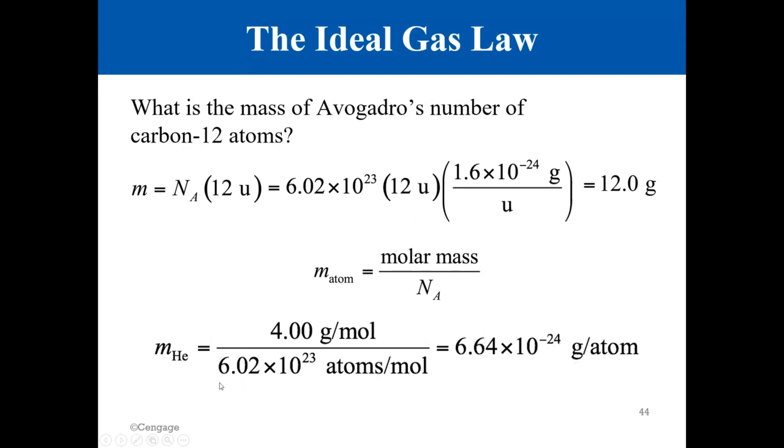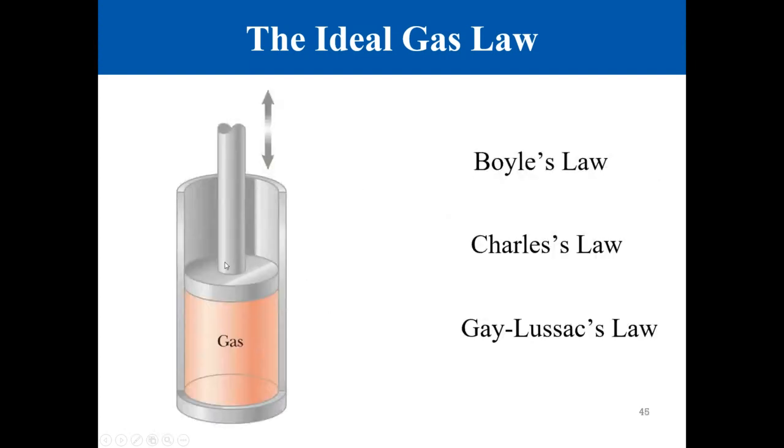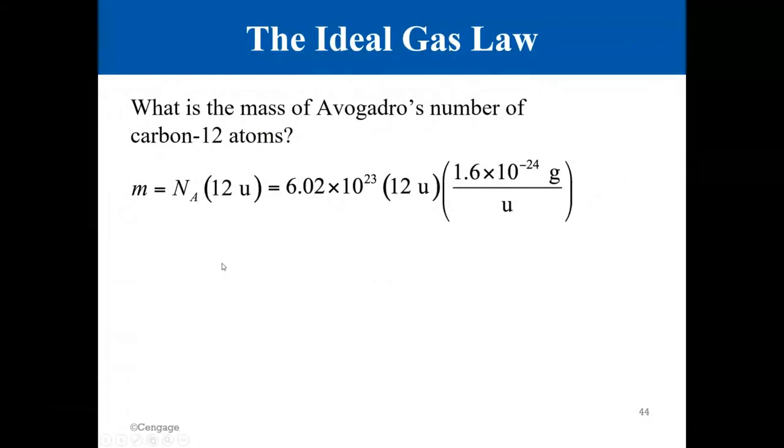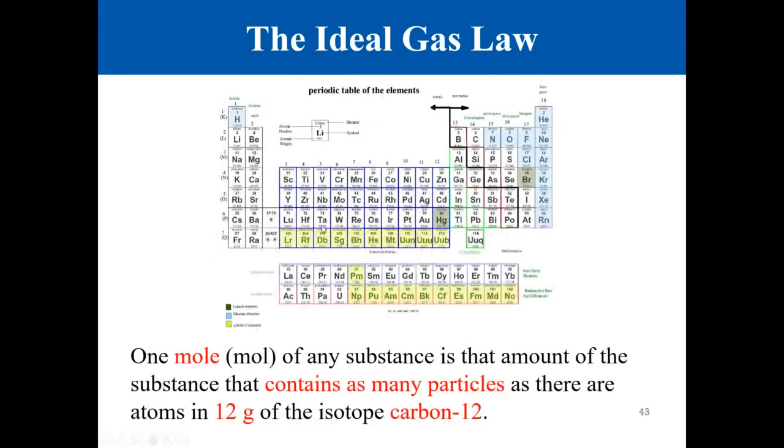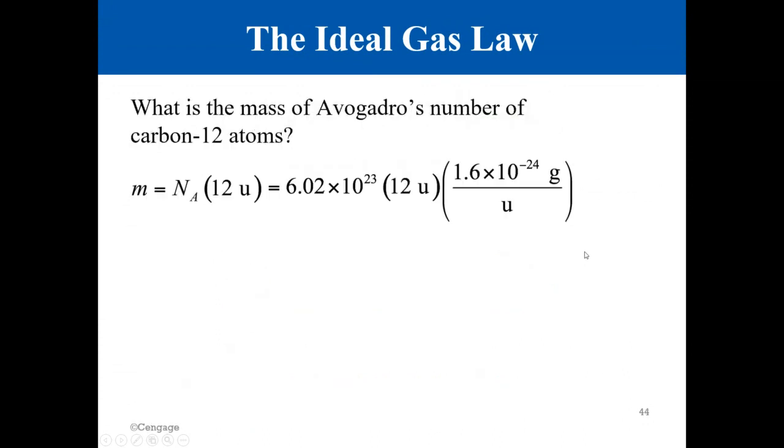This is the mass of 1 helium atom. Usually in the periodic table, you will read this information. The numbers here, unfortunately the font is not big enough, but they will give you some information about the molar mass for various elements in the periodic table.